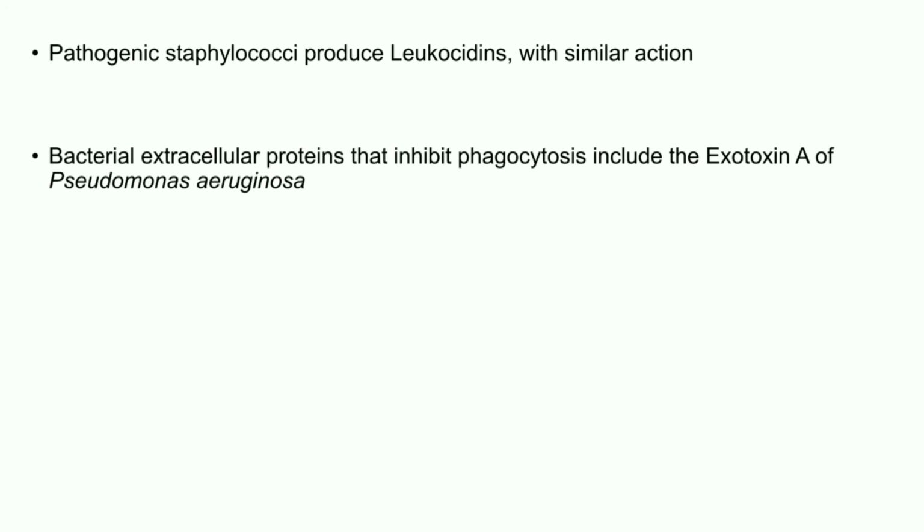Another example of bacterial extracellular proteins which are involved in inhibiting the process of phagocytosis includes exotoxin A production by Pseudomonas aeruginosa. This toxin helps in killing the macrophages.